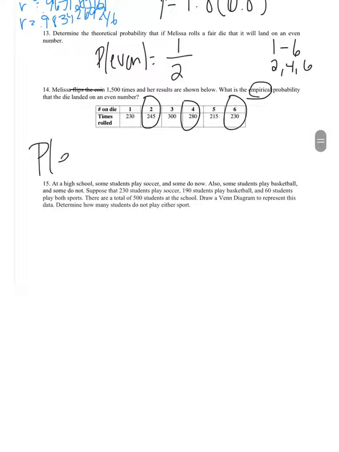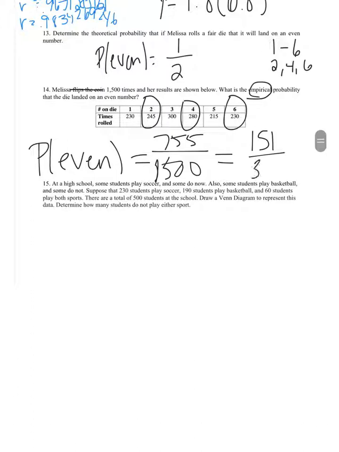So the probability here for even, 245 plus 280 plus 230 is 755 out of 1,500 total, or 151 out of 300, or you could say 50.3 repeating percent.